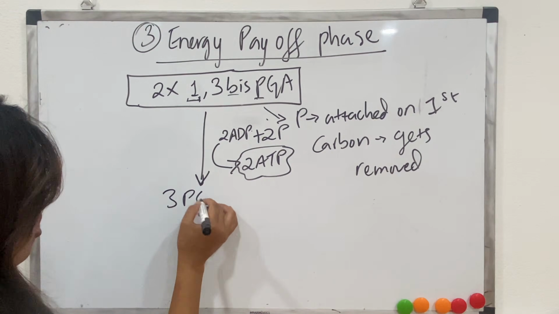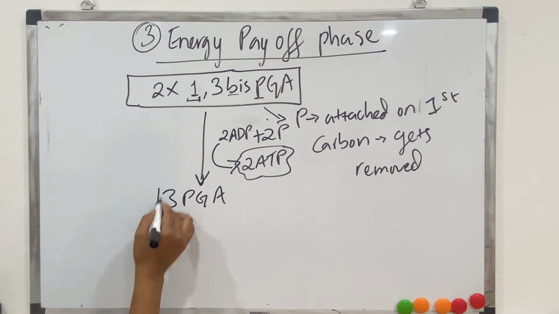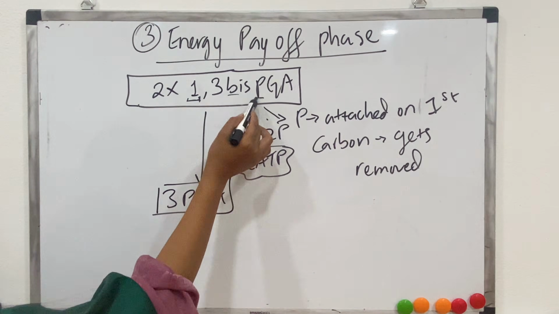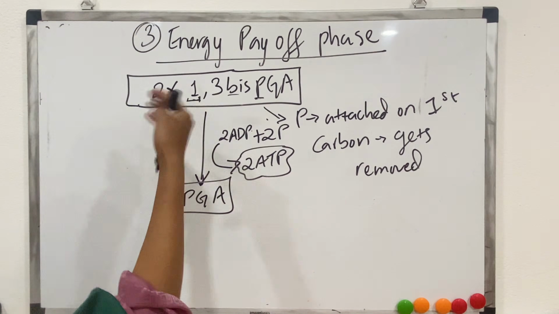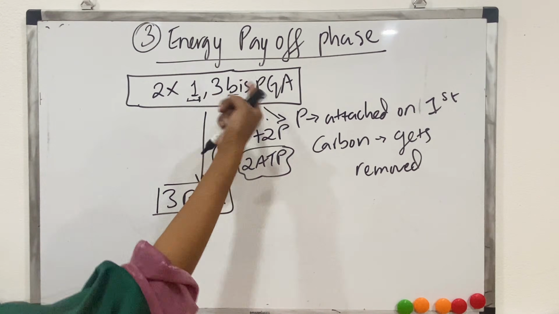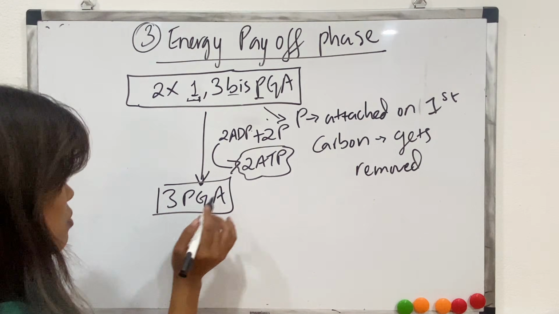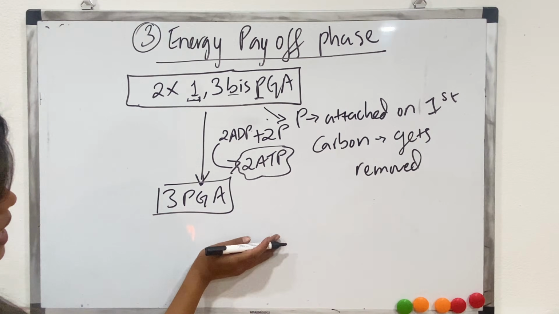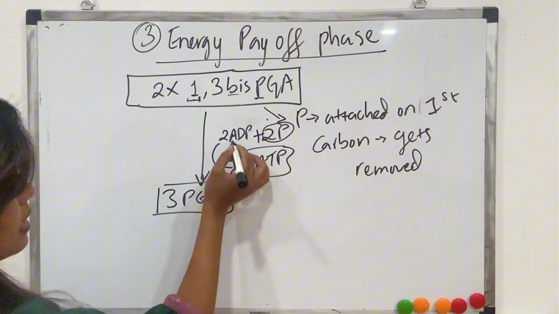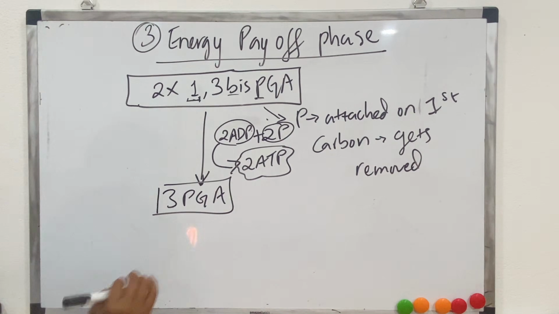And that's how ATP gets generated in this step. This results in the generation of two molecules of 3-phosphoglycerate. Remember, one phosphate has already been removed from the first carbon, so there is no more 1 and no more bis now because there is only one phosphate, so you can't write the word bis, so it is only 3-phosphoglycerate.